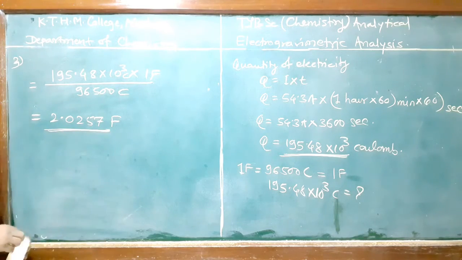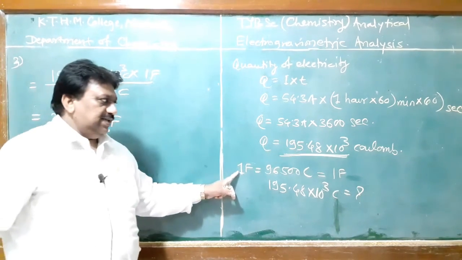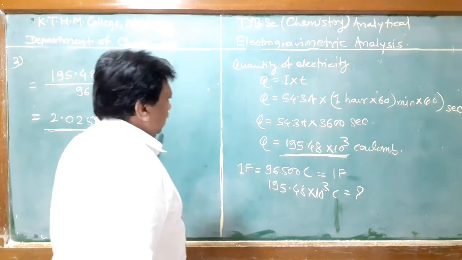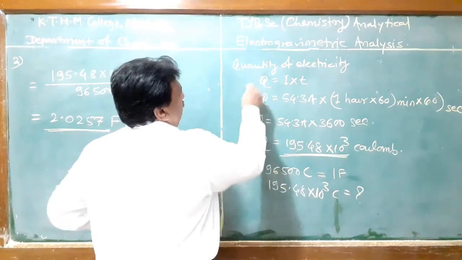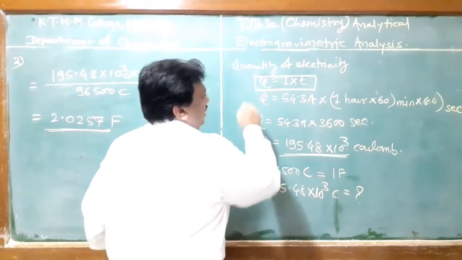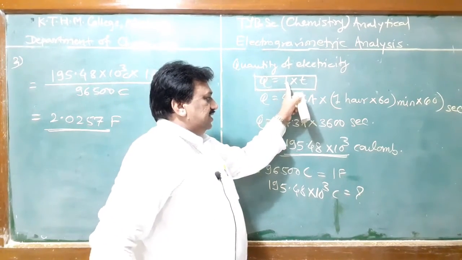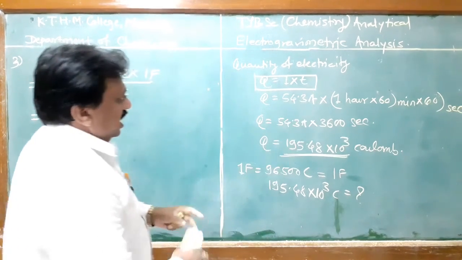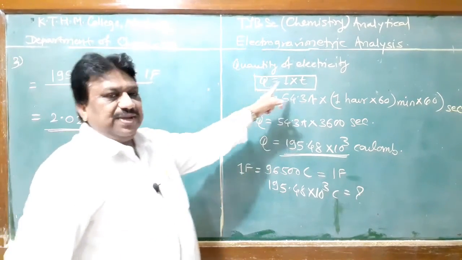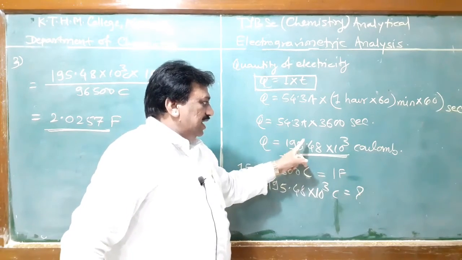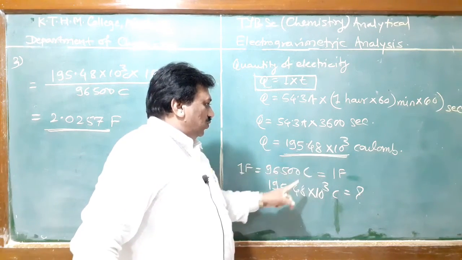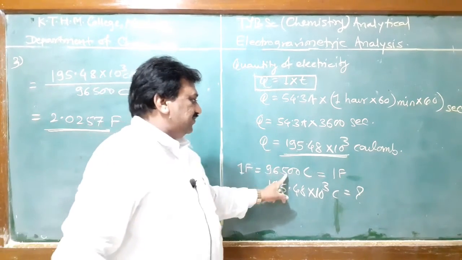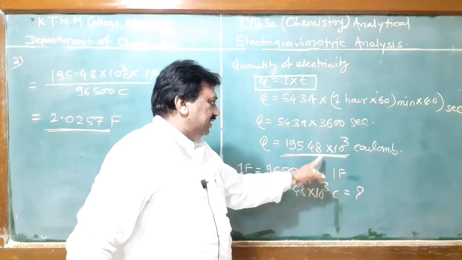In this way we can find out the quantity of electricity in Faraday as well as in Coulomb by using a relationship Q is equal to IT. Here I is a constant current strength in ampere, T is the time in second. And product of ampere and second is called as coulomb, and we can convert that coulomb into Faraday by using this relationship. 96500 coulomb is equal to 1 Faraday.